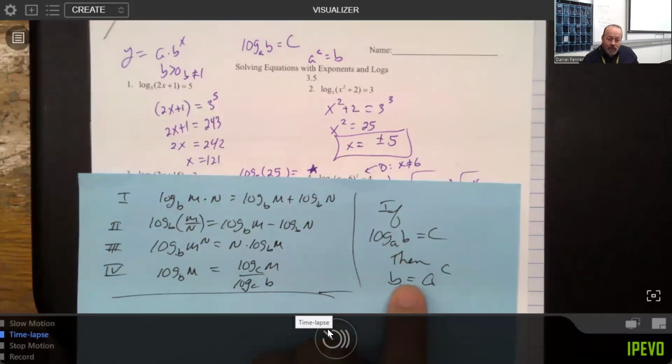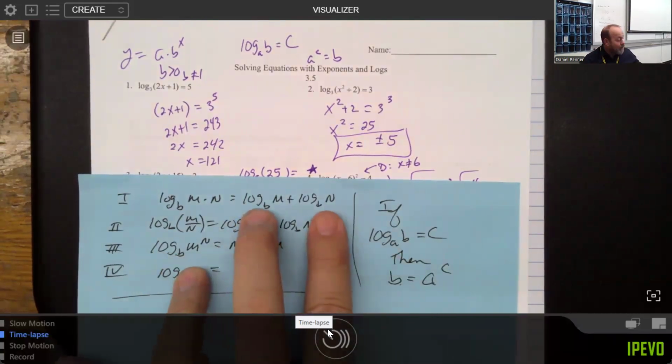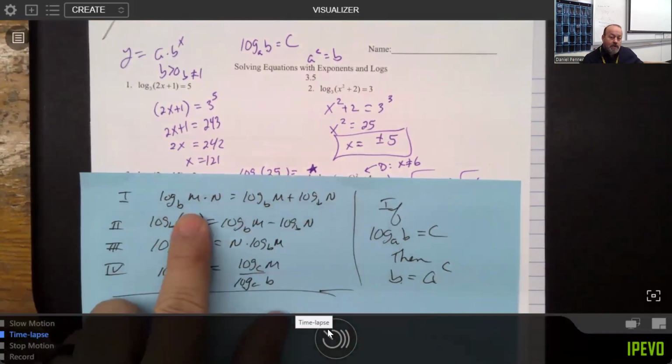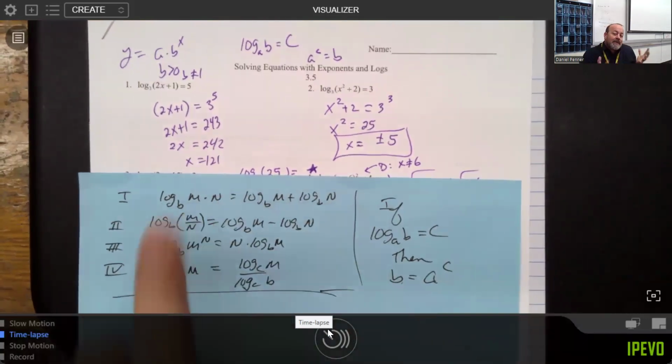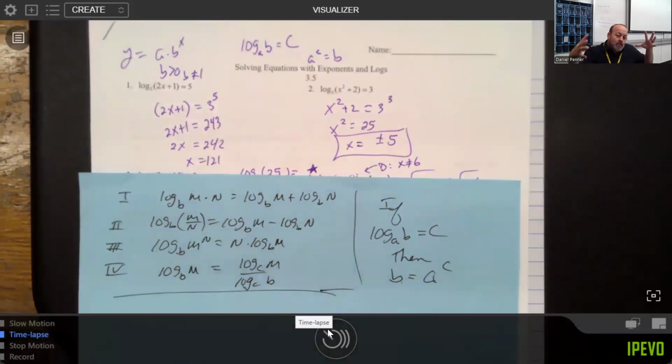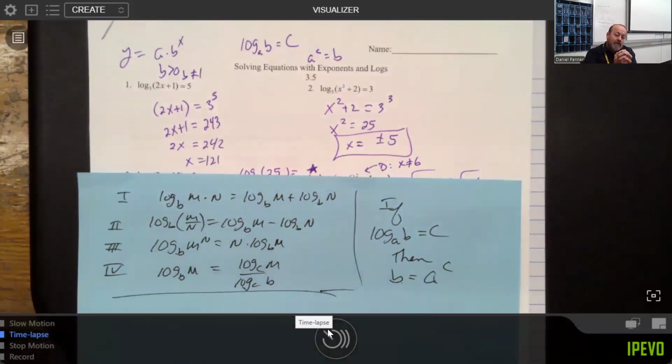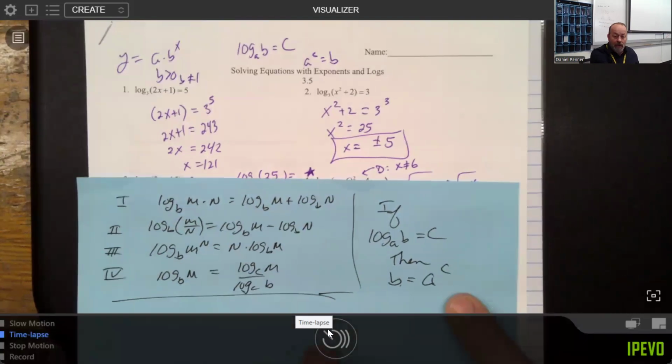But see, I don't have multiple logs going on. I just have a single log. So I wouldn't want to set this thing equal to something. I would want to set this original story equal to something, because our property of log wants one base all put together that I could then raise to a power to get my answer.